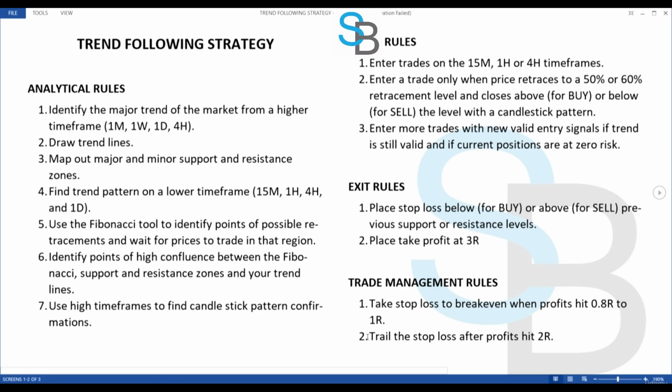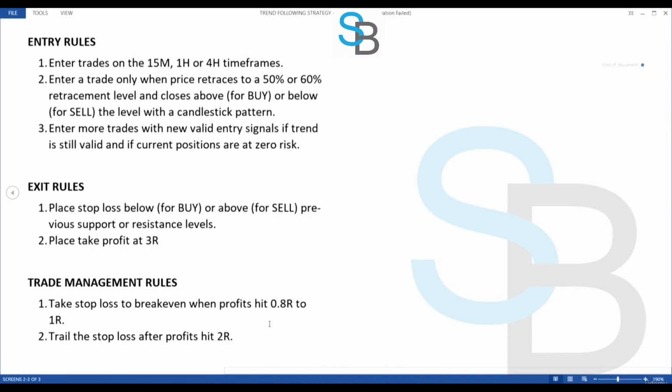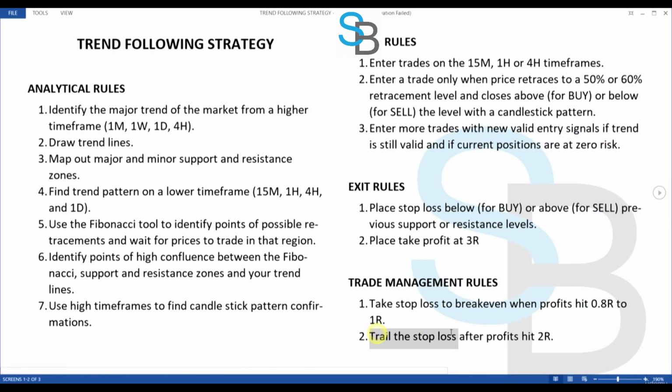And then the last trade management rule is that you have to trail the stop loss after profits hit 2R. After profits hit 2R, you can extend your take profit to the upper side or the lower side depending on your position, and then just trail your trade with the trailing stop feature, right?